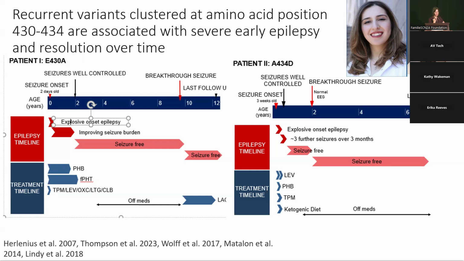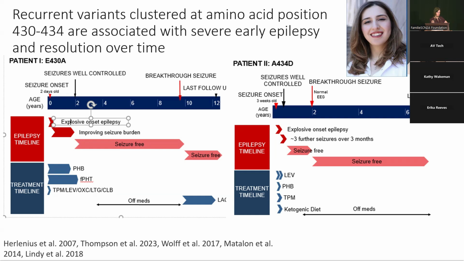And this is a little project where we highlighted a couple of individuals, and there are similar individuals in the literature who had variants in the specific cluster from amino acid position 430 to 434, who had that severe early infantile developmental and epileptic encephalopathy. Seizures were very hard to control in the first few months, but then they just sort of resolved.